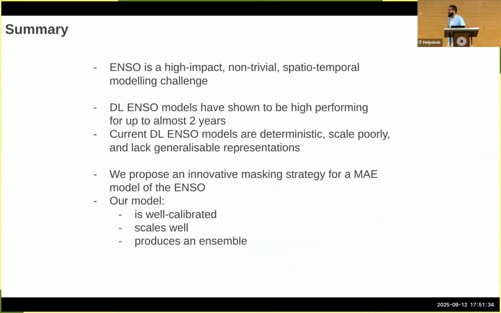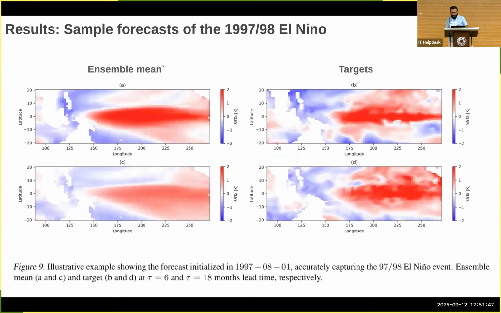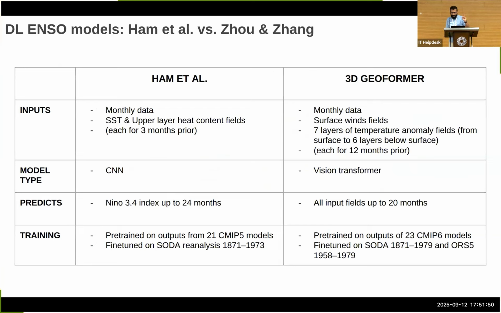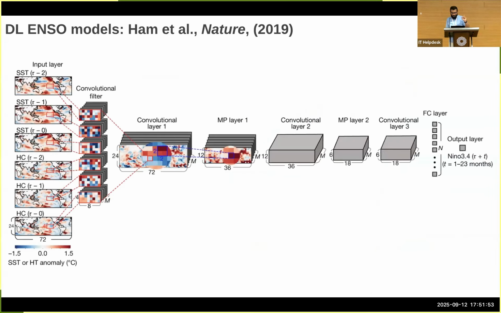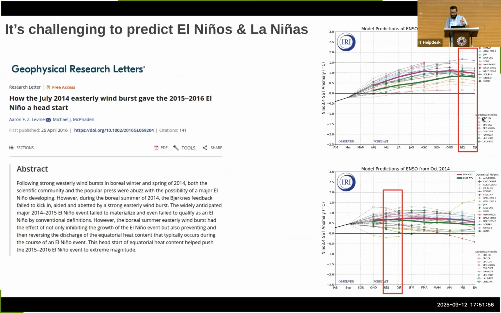Have you looked into different flavors of ENSO? As of now, not. But Jakob, another student of mine who has graduated, developed what we call a hybrid model that takes the CDC LIM, the linear inverse model, and trains an LSTM on the residuals of the LIM. LIM is a linear model and still has fairly decent skill for up to a year or so.